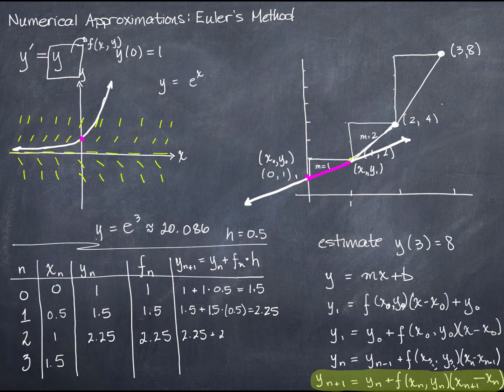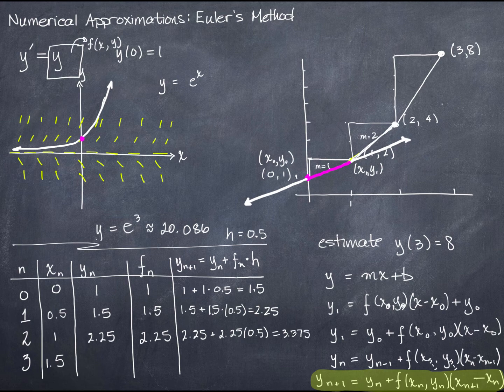My next y value is going to be my current y value plus my current slope times 0.5. And that gives me 3.75. No, as it turns out, 3.375. Oh, this pen. There it is, 3.375.